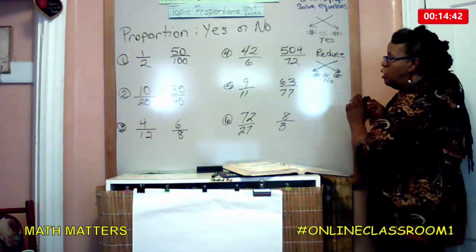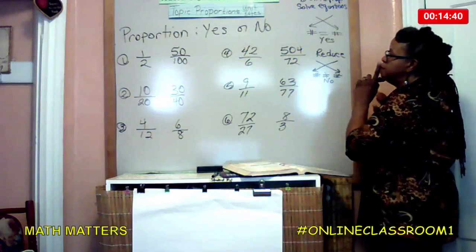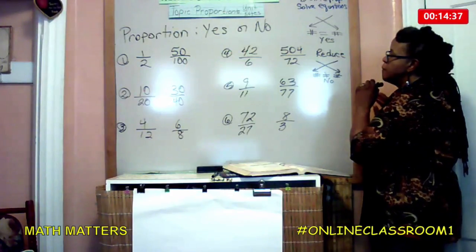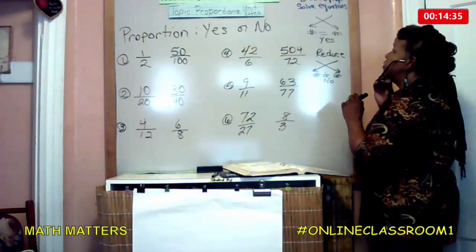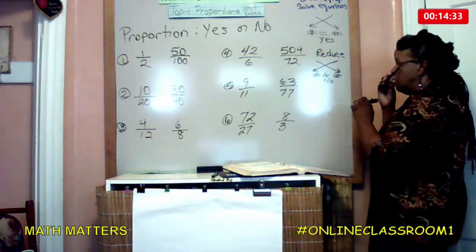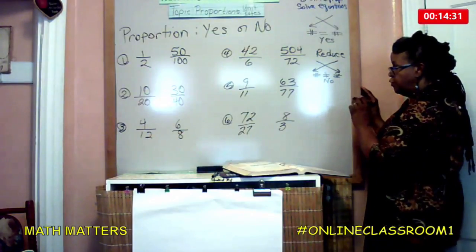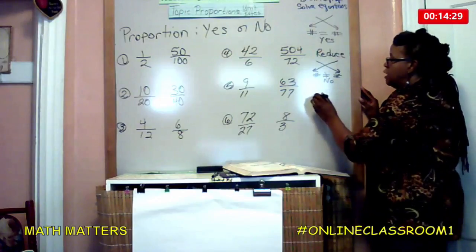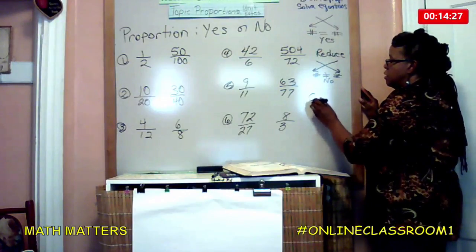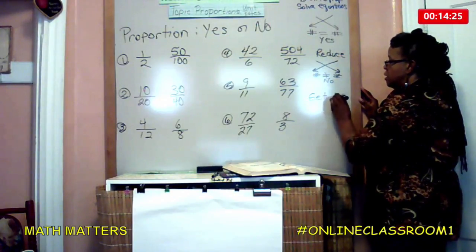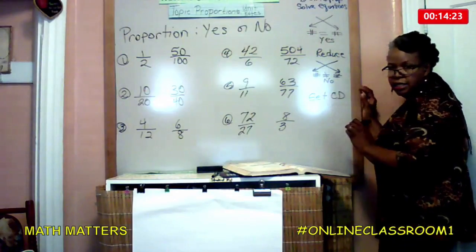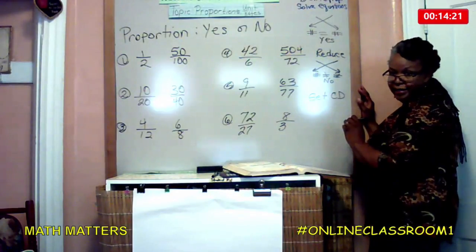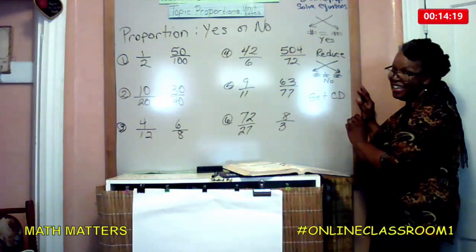So these are our strategies. We can also get a common denominator. Get a CD, and not the musical kind, although math is music to my ears.